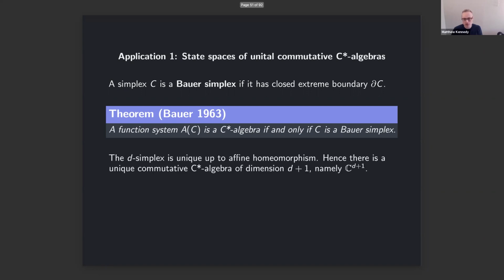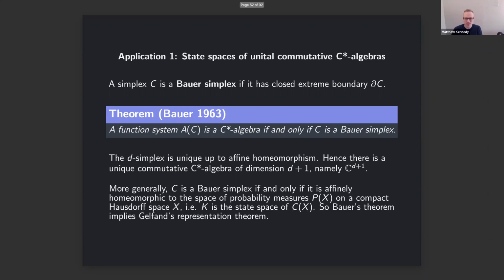What this really says, so in finite dimensions, the d-simplex is unique up to affine homeomorphism. And this says that in finite dimensions, there's a unique commutative C-star algebra of each dimension. Something, of course, we already knew. I'm not claiming this is so deep.